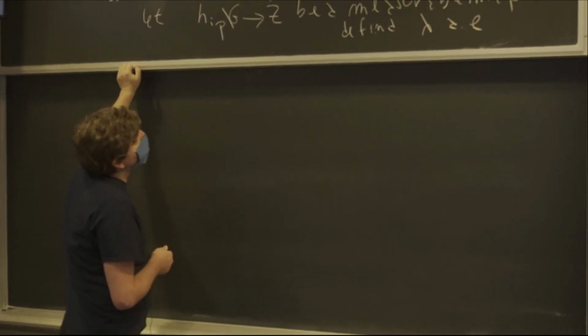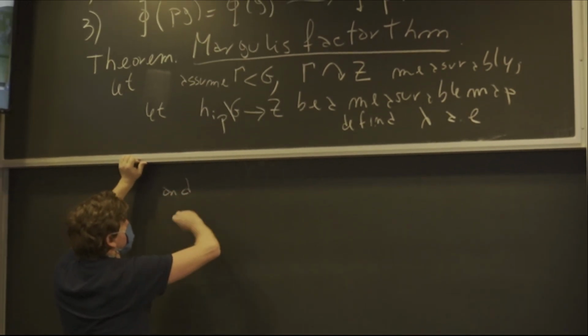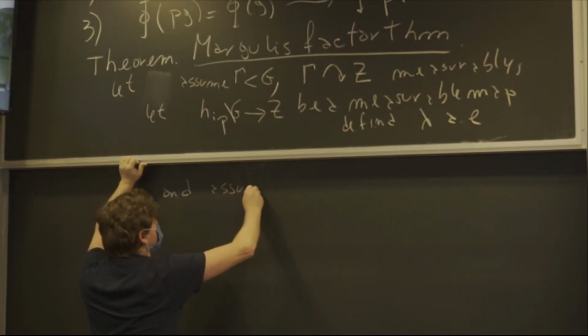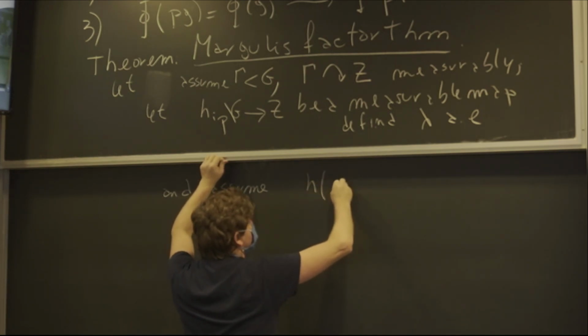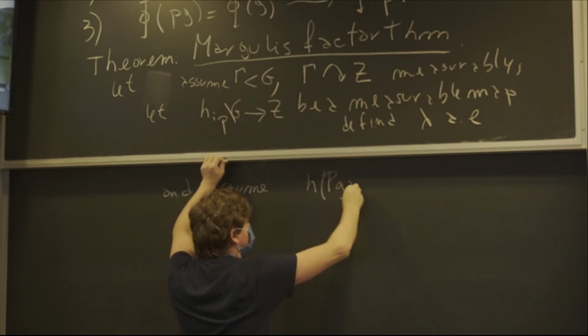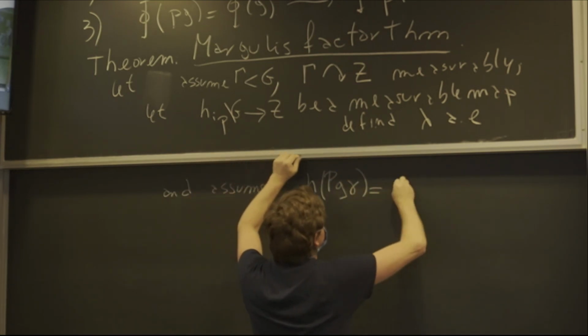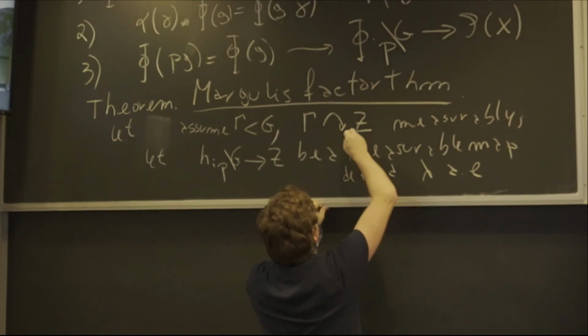And assume H of PG gamma to be gamma star. Maybe let's call this alpha.